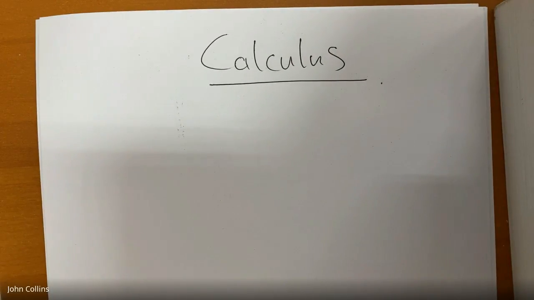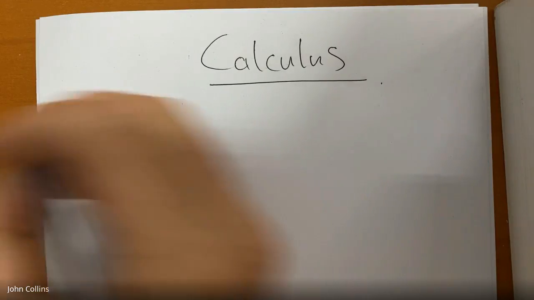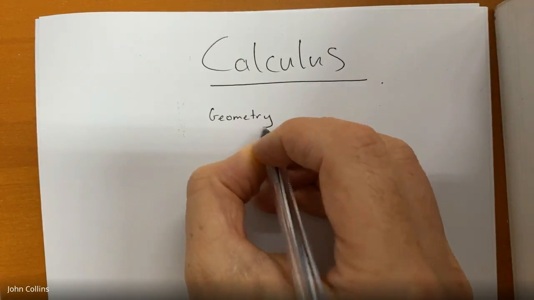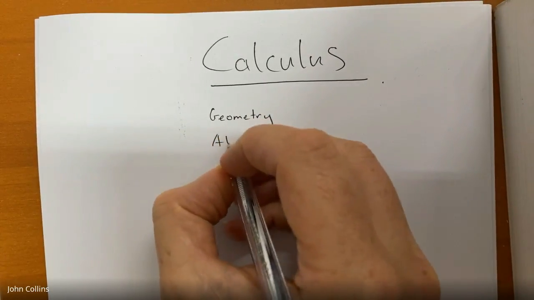All right, so each strand of maths has a different idea behind it. For instance, let's think about 3 other major strands of maths which you have already come across.